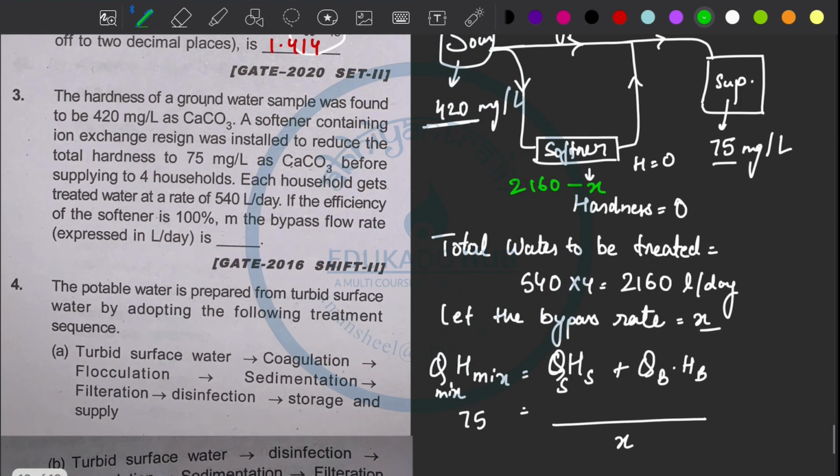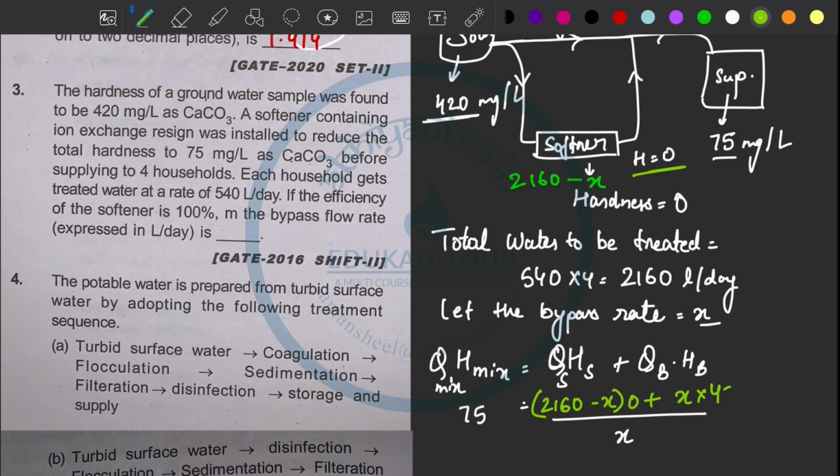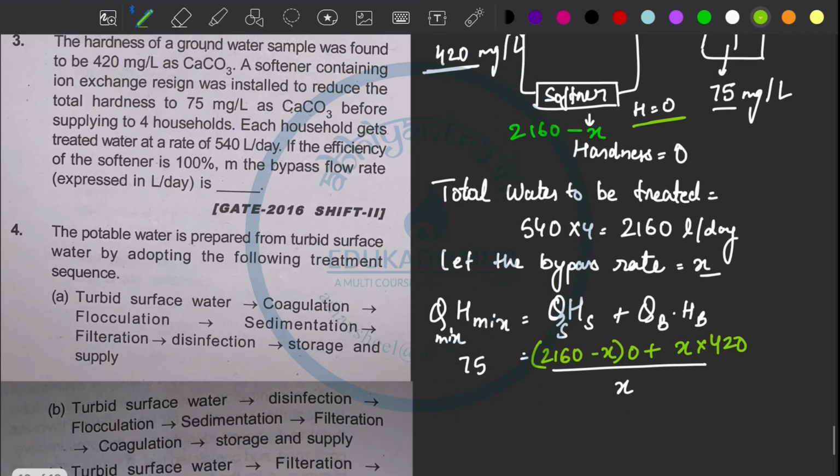So: 2160 minus x, into the softener hardness of 0, plus discharge x into hardness 420.